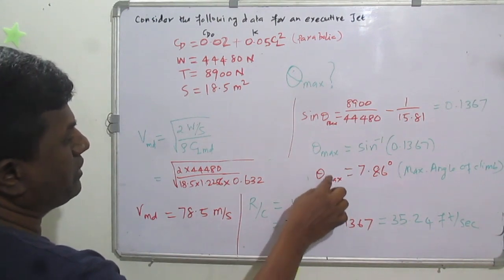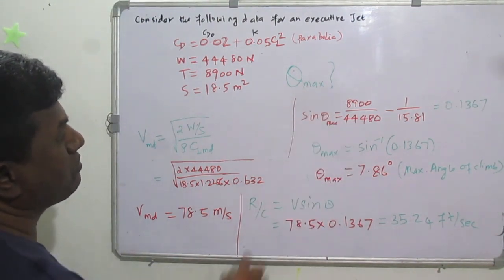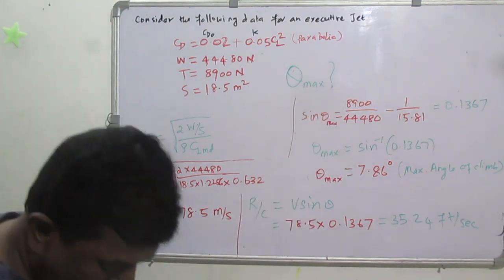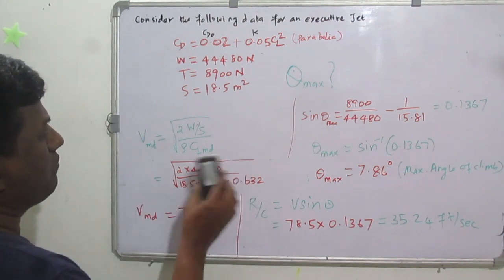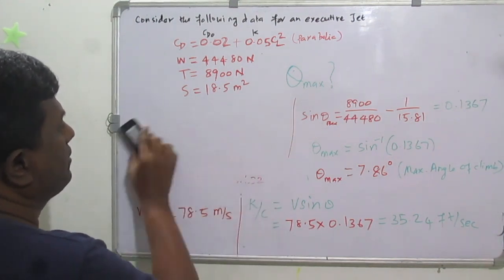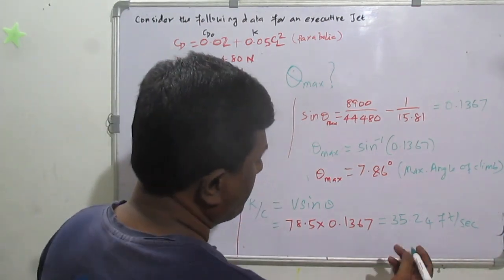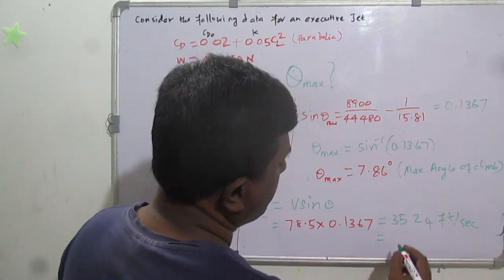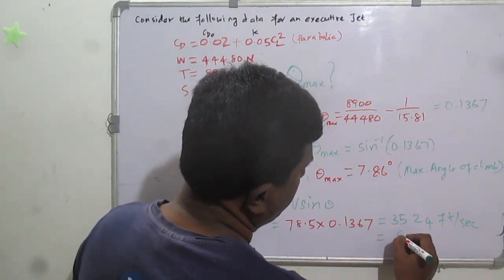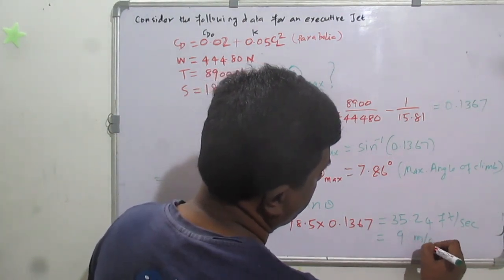So we got theta max and the rate of climb for the maximum angle of climb condition. One more interesting thing: this value is around 9 point something, so 9 meters per second.